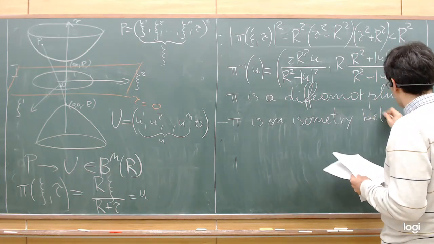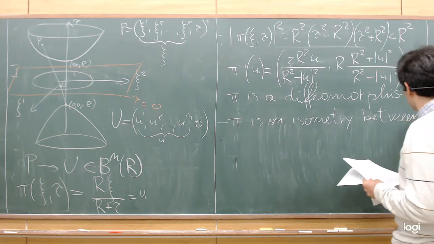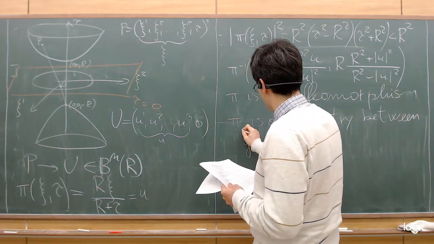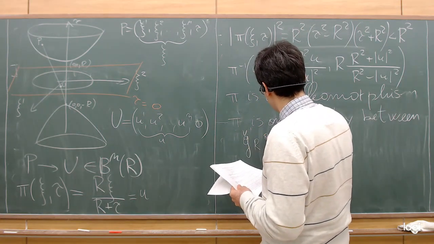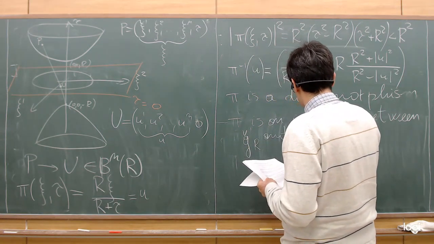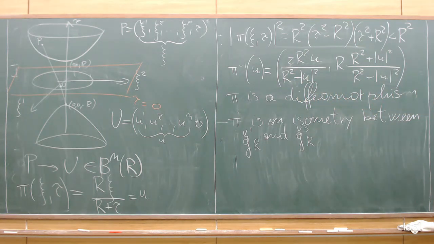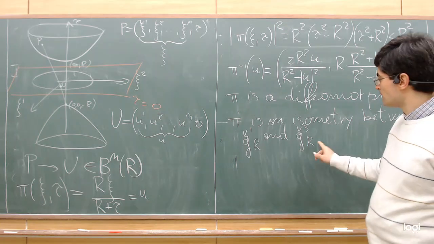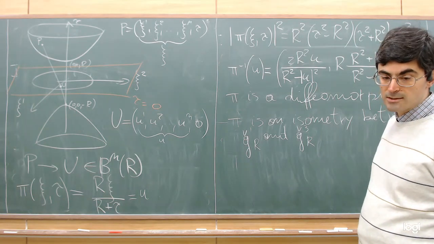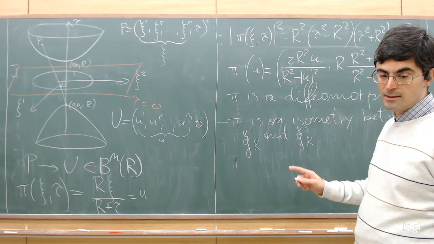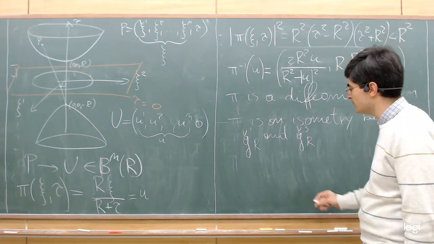So pi is an isometry between G'1R and G'3R, and the technique we use is exactly the same as the one we used before.